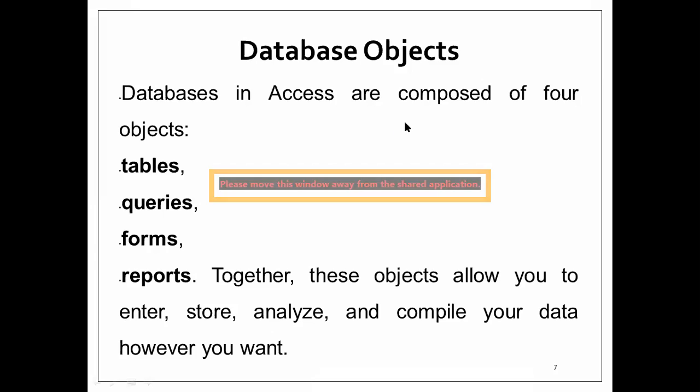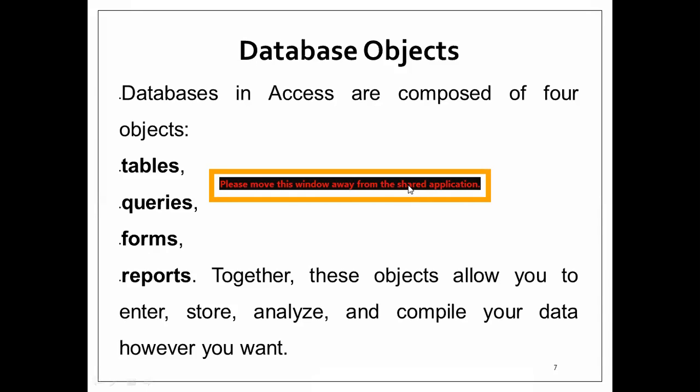The table is an object that enables us to create the structure for which we are going to capture data. And the table is the same object that holds the data that we capture in our database. We use it to design a structure that we rely on in order to capture data.